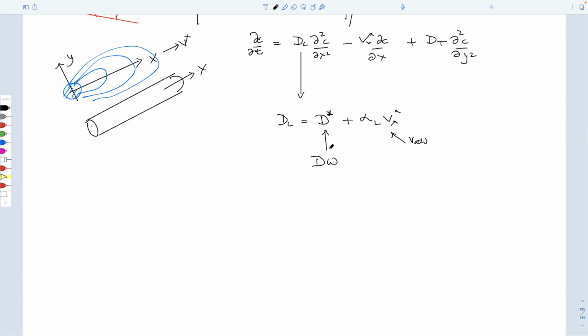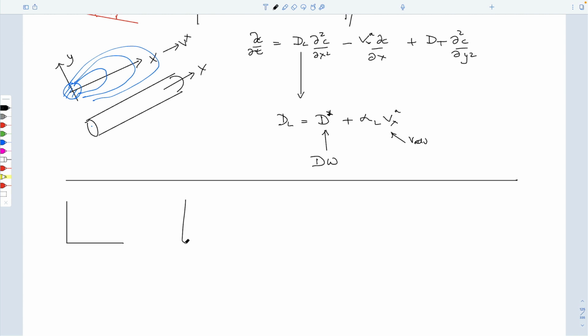And last time, maybe it's worthwhile drawing these, because it kind of cements our understanding of things. I'm just going to draw our system: time, concentration. Concentration is the vertical axis on all of them. This is time.